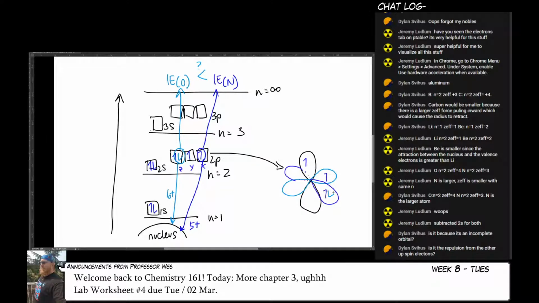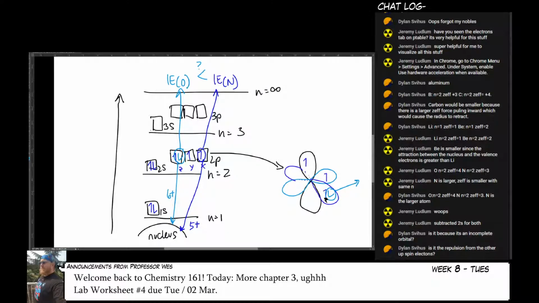What specifically is going to help us push this electron out of the nucleus, or out of the atom entirely? You're probably typing it, but I'm going to run out of time. It's the other electron that's paired with it.